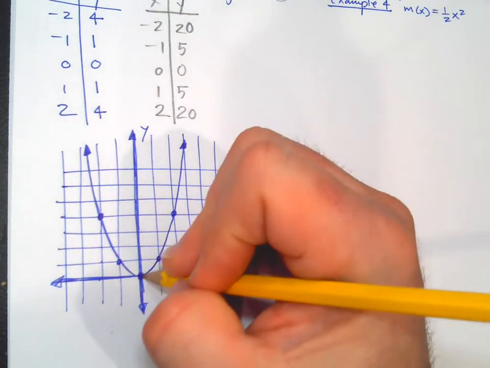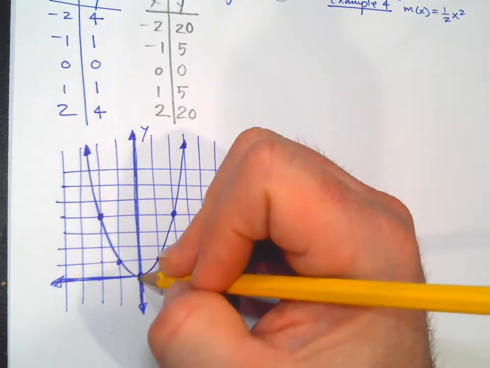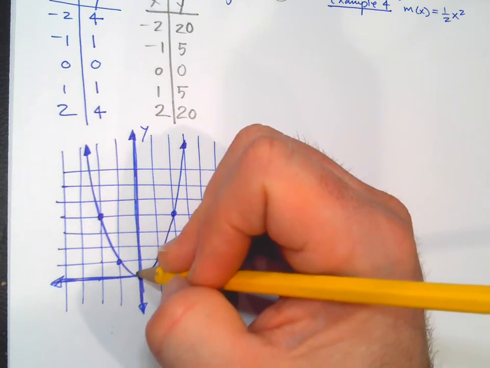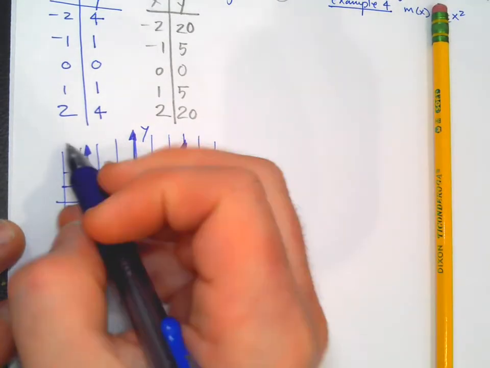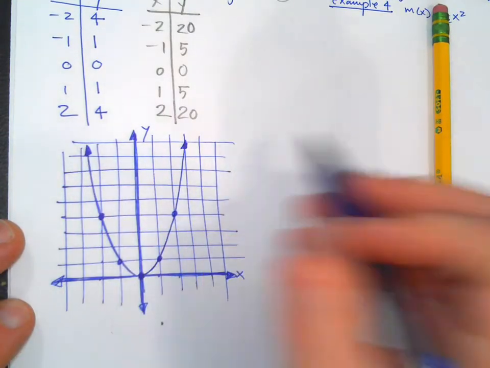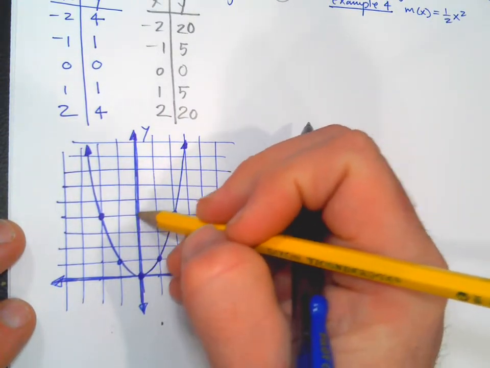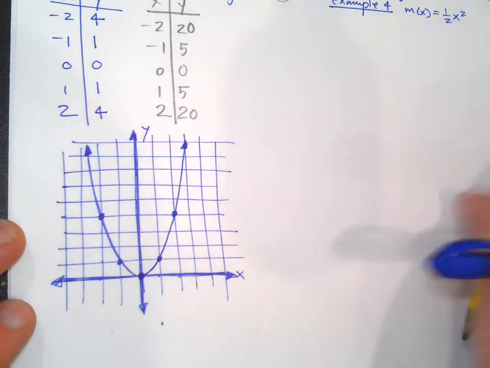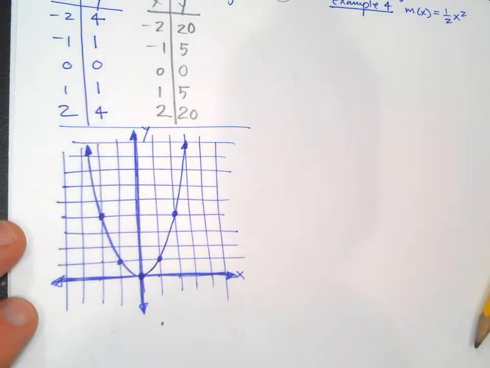So -2, 20. Oh my gosh, that's really big. I might not even have enough room here. This is 1, 2, 3, 4, 5, 6, 7, 8, 9, 10, and 20 would be double that.